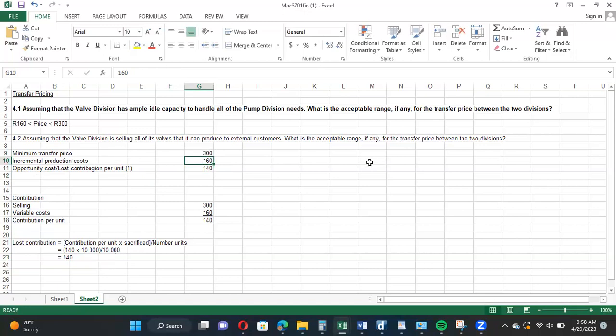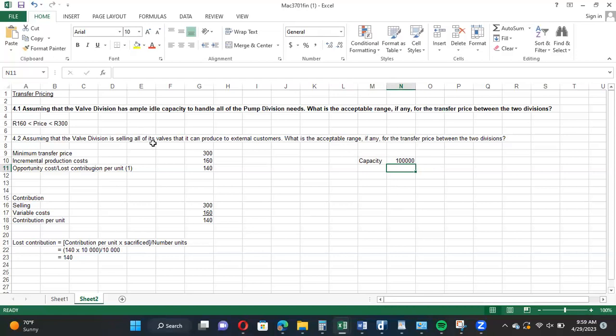Right. So I'm going to quickly look at a situation where that 10,000 is not the same as that 10,000. The valve division has a capacity of 100,000, and they are selling all of this to external customers.